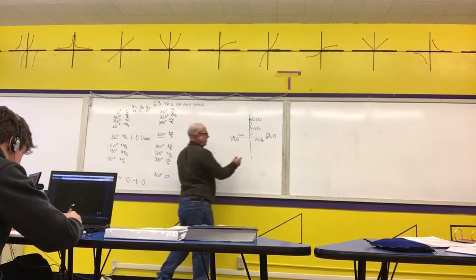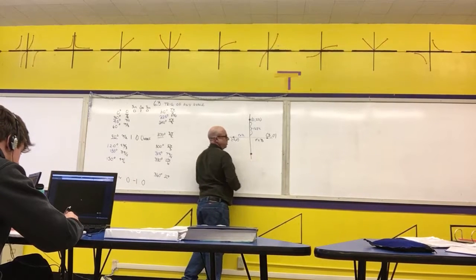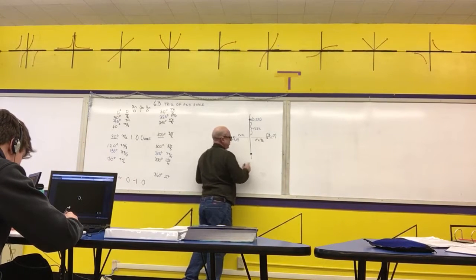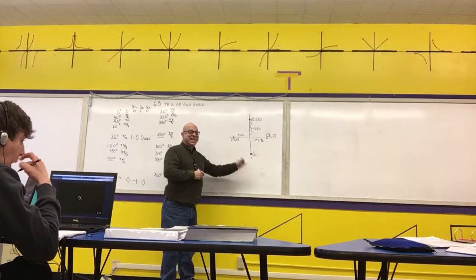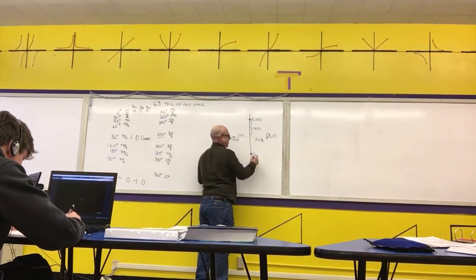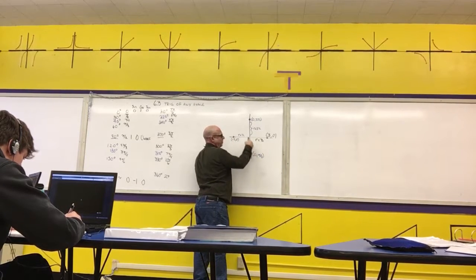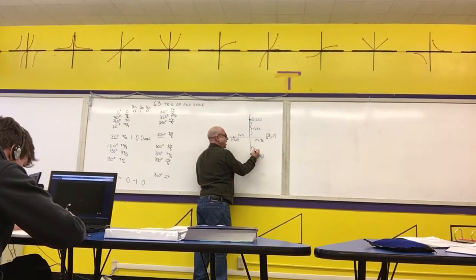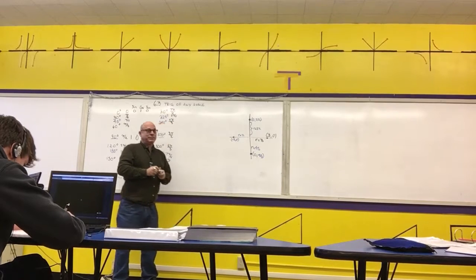And Ben, give me a coordinate. 0, -45. Okay? And what's the distance between here and here? 45. R is a positive 45. Remember, your r's are always positive.